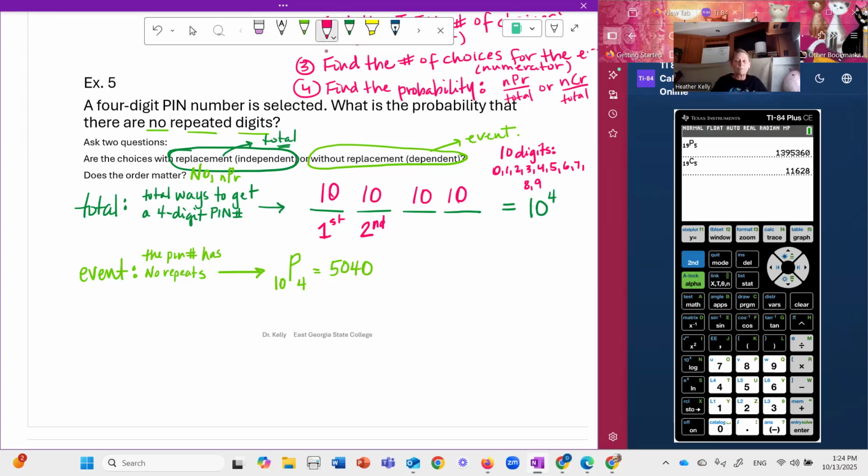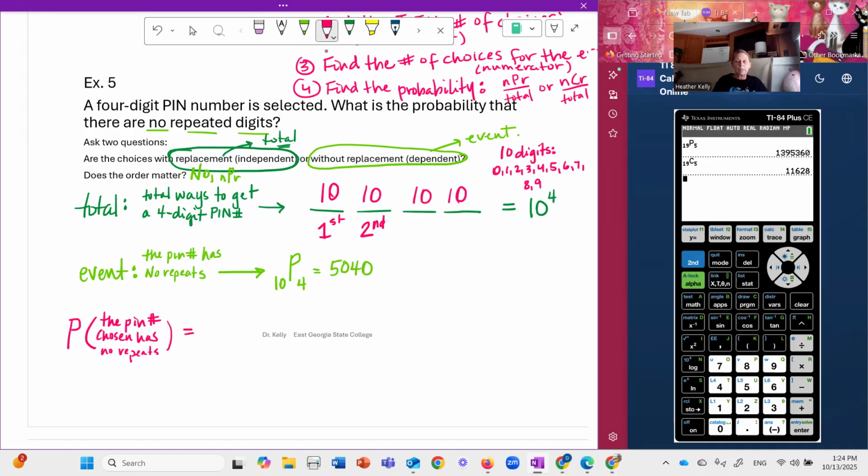And then remember our final thing here is we're looking for the probability that the PIN number chosen has no repeats. Okay.